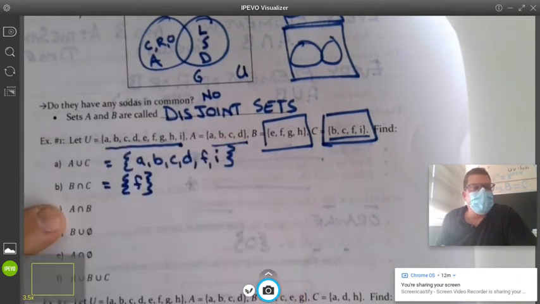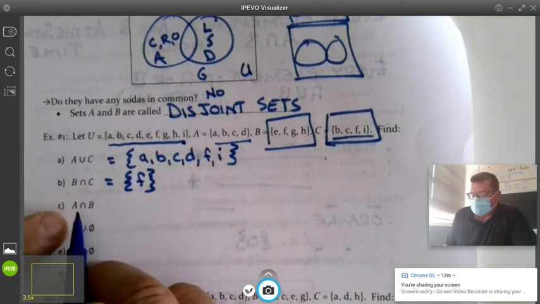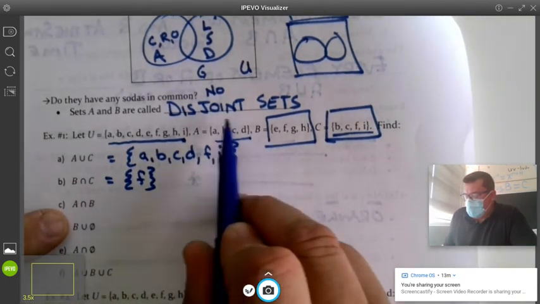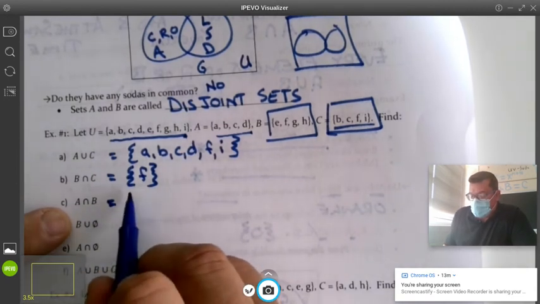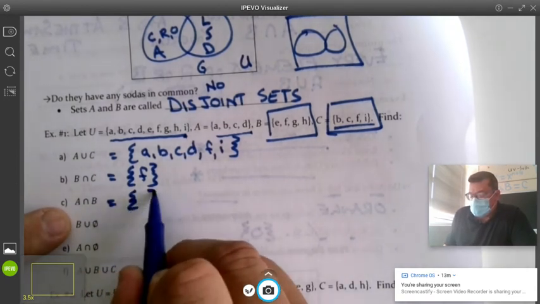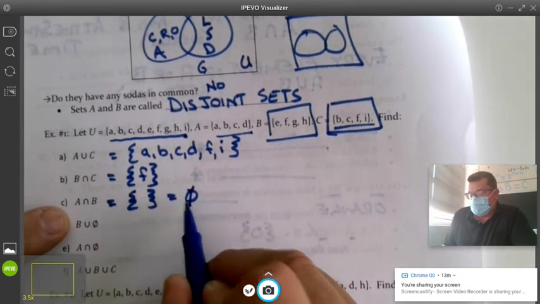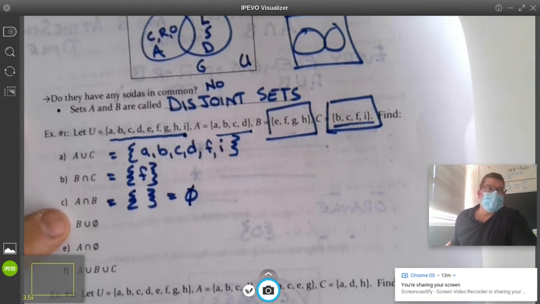Notice that these overlappages and unions are each sets when you're done with them. Where does A overlap B? Nowhere at all. They have nothing in common. So we're either going to call that the empty set, or we're going to call it the empty set. And we can conclude that A and B are disjoint.